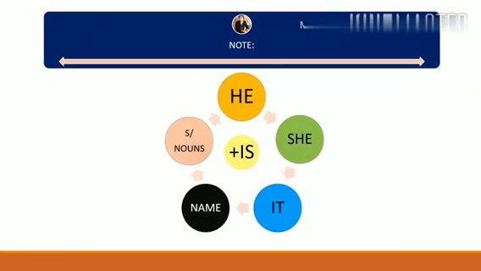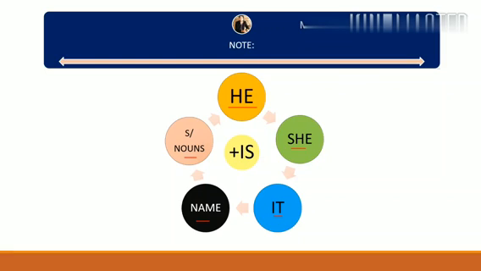Now students, come here. You can see here we have some words like he, she, it. If we have a name, or a singular noun, you can see all these come under the category of third person singular.